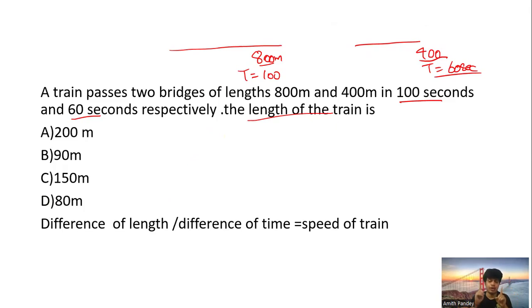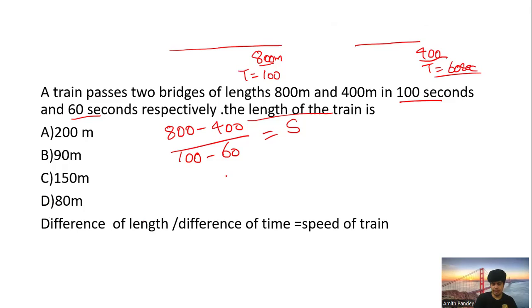Because we want only the train speed and train length. So, difference of length of the bridges by difference of time. Only then we'll get it related to the train. Now, 800 minus 400 divided by 100 minus 60 is equal to the speed of the train.